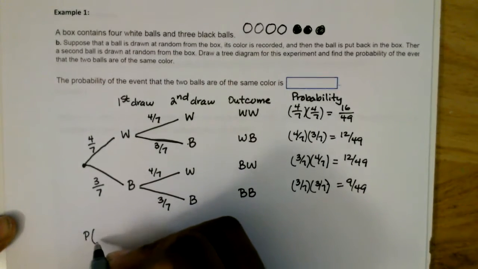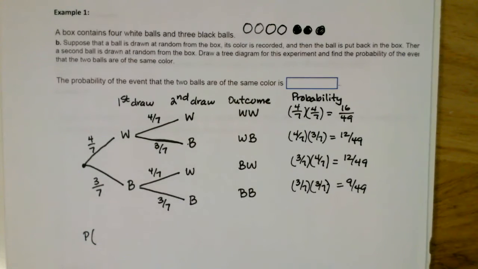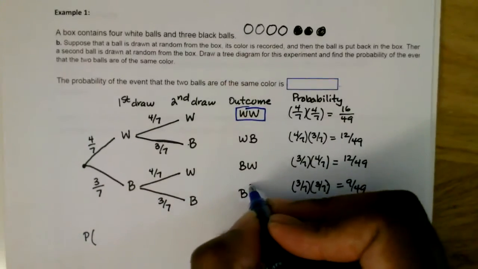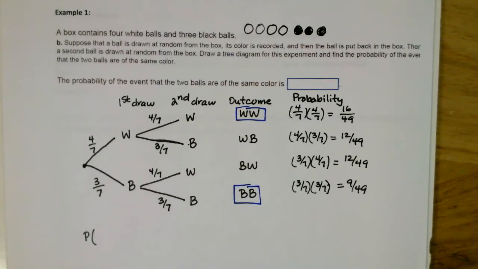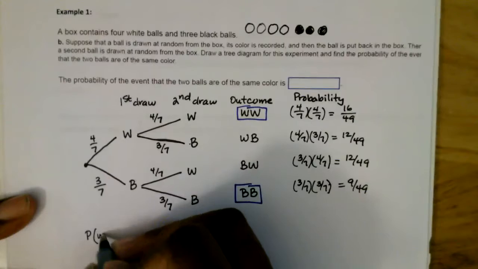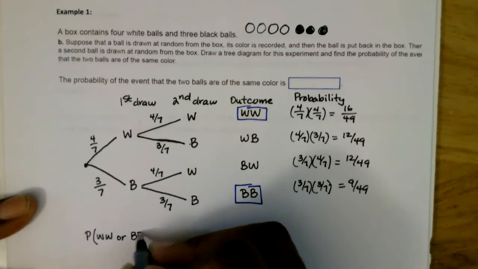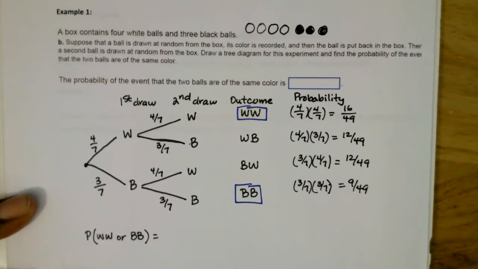That means I need the probability that I'm going to get either 2 white balls, which is this outcome, or 2 black balls, which is this outcome right here. So the probability of getting a white and a white, or a black and a black, means the 2 balls are the same color.